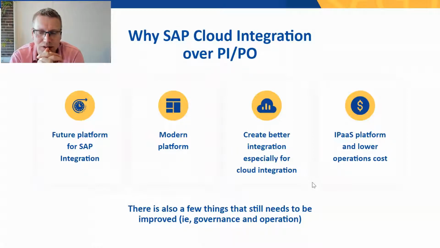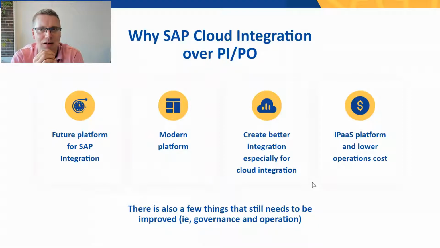It is obviously the future platform for doing integration. It's more modern. It's much better for dealing with cloud integration, where in the PI world or era, you had the option to actually make modifications to receiving systems. In the cloud, you are out of luck. You have to hope that the systems have the APIs that you want, or you can persuade the partner to add those APIs.